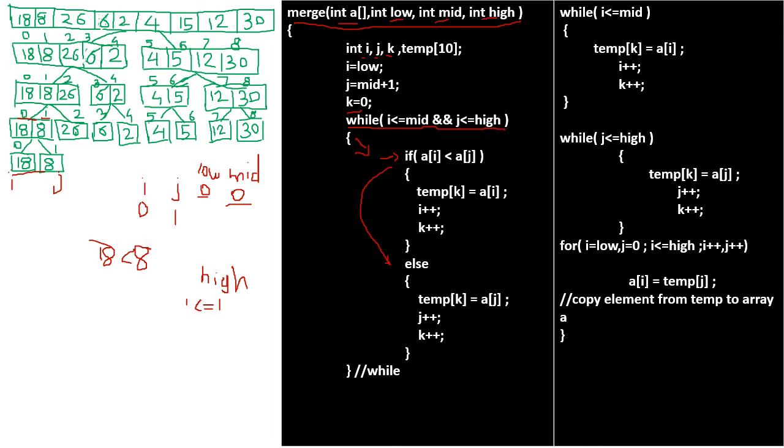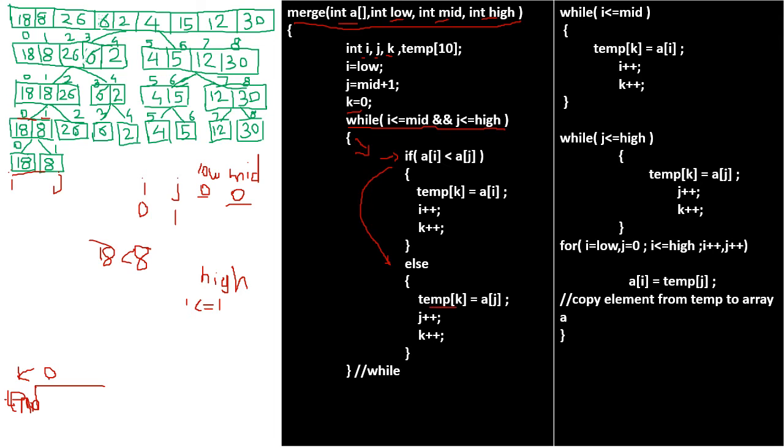Okay, what here? That is temp of k. Here we should maintain one temporary array. This is our temporary array. The k value is 0 and temp of k is equal to A of j.